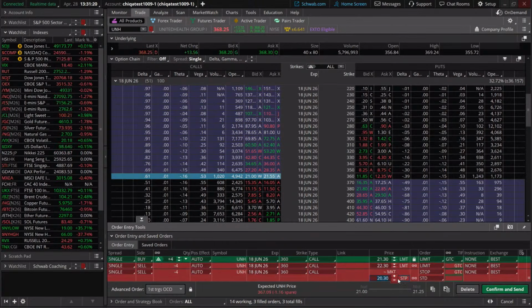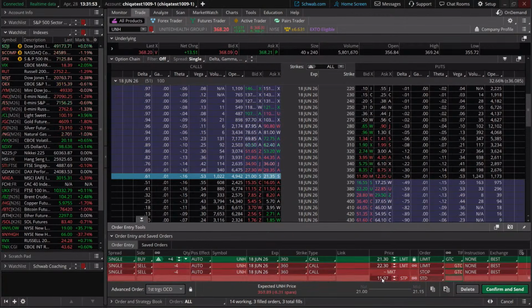Actually, we're going to use a 25% stop in this case, so we're not going to make it too tight. We're going to take 2130 times 0.75, and that puts us right at 1597. So that's going to be our stop to the downside.